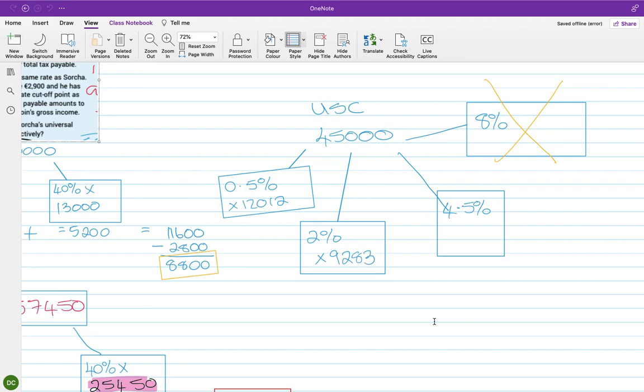So if we do 12,012 plus 9,283, that has come to a total of 21,295. So she earns this much. That's how much has been done already. So we just have to minus them. And that gives us 23,705.